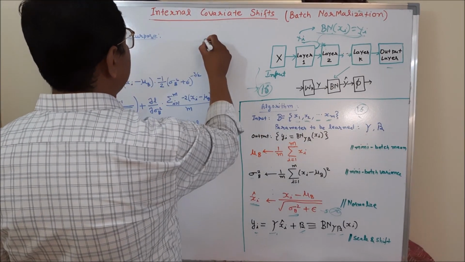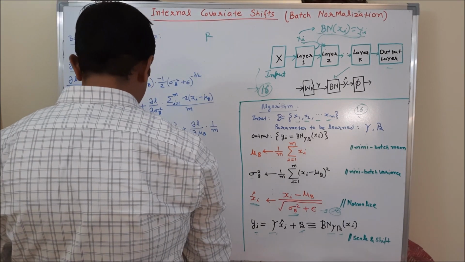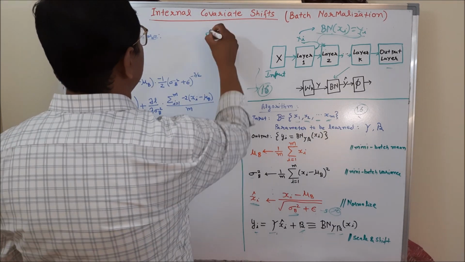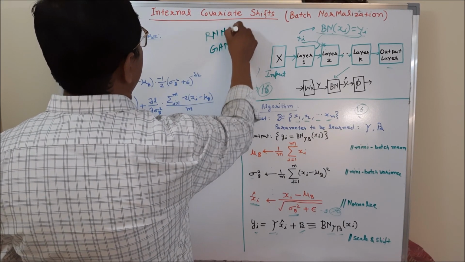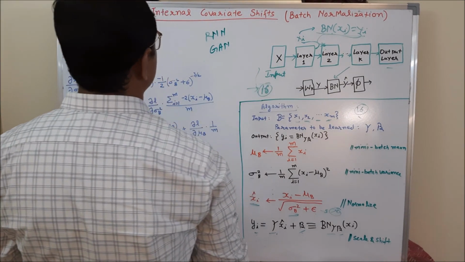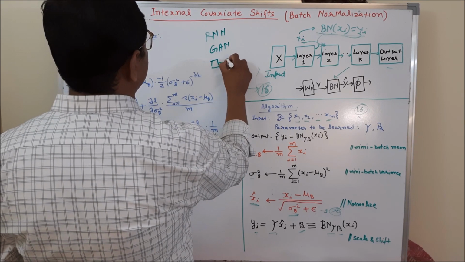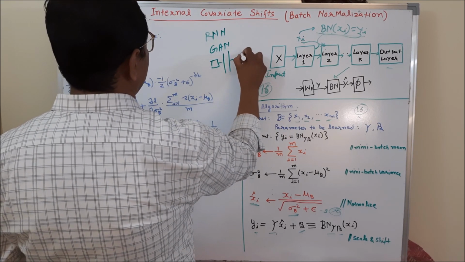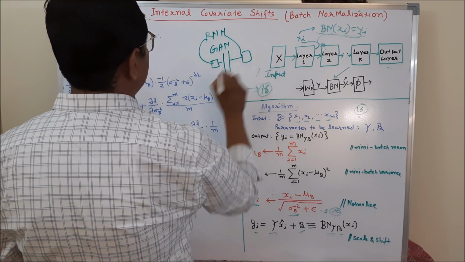Next, a demerit is that it generally does not work with RNN, LSTM, GRU and GAN architectures. If you use it between two RNN blocks, then it will destroy the network.